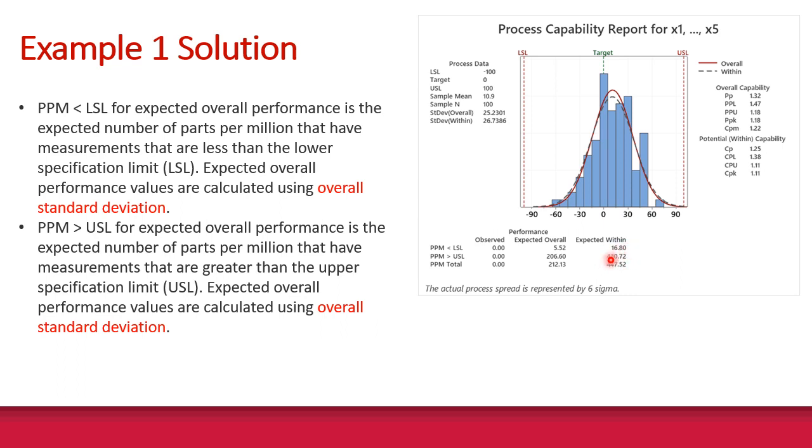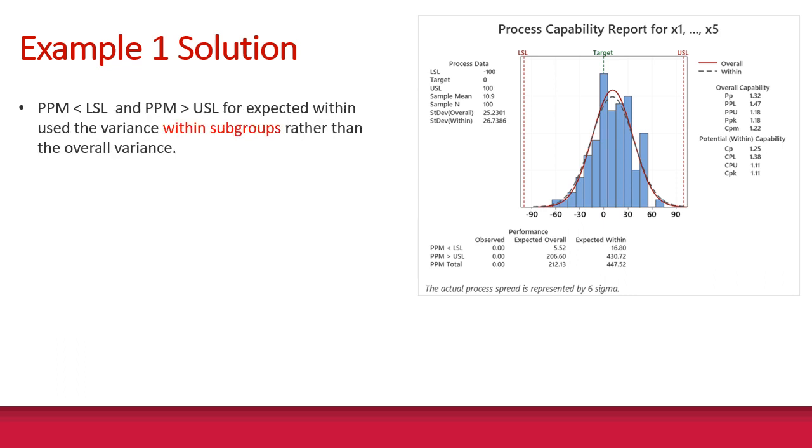So again, this one plus this one adds up to that one there. So this is all spelled out in the reading, and I summarized it without reading it to you. You can read over this and see what it says here. So again, the last one uses the variance within subgroups. That's what this is, expected within subgroups, rather than the overall variance. And honestly, I probably look more at the overall variance myself when I'm analyzing these kinds of situations.